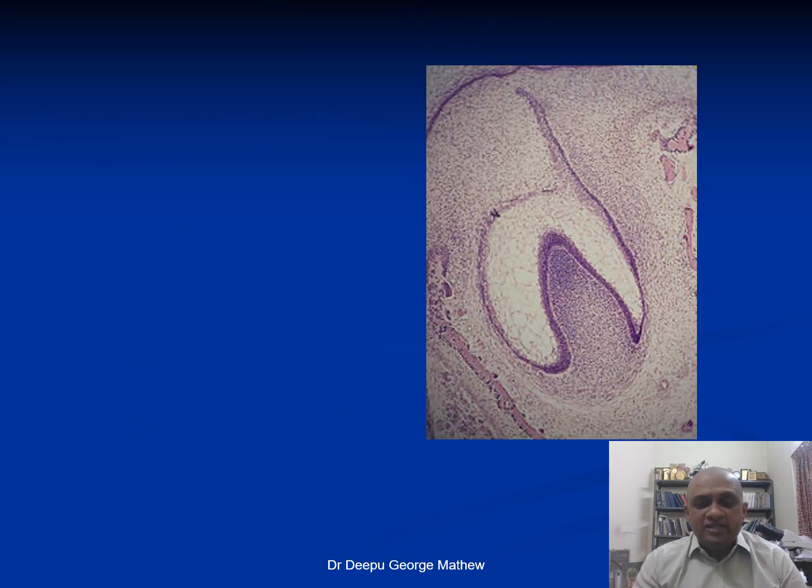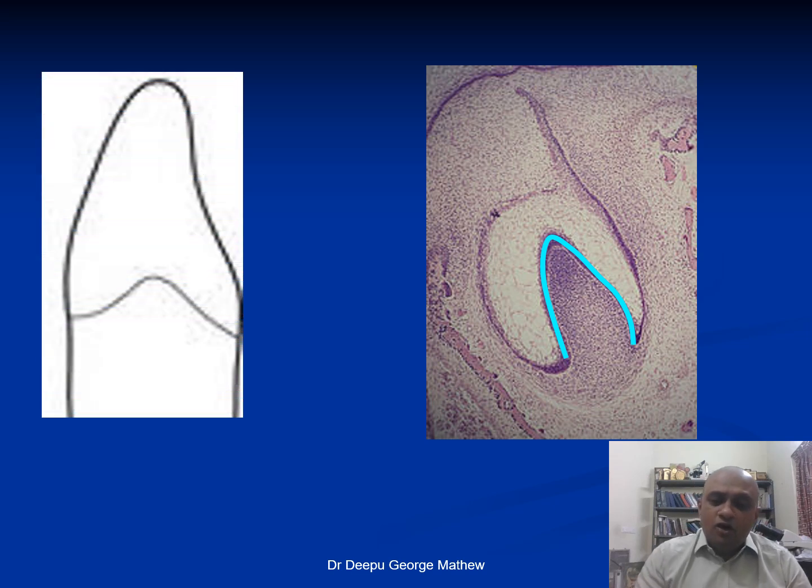This is what we can see, the invagination of the early bell stage, and I'm just putting a blue outline for it. See the mesial or distal aspect. If you compare that with the mesial and distal aspect of an anterior tooth, you can nicely see that the morphology of the future crown is being decided during the early bell stage.